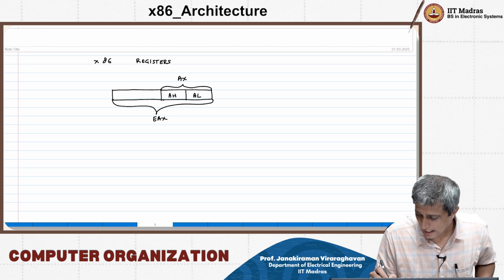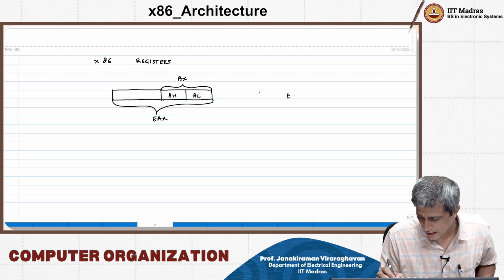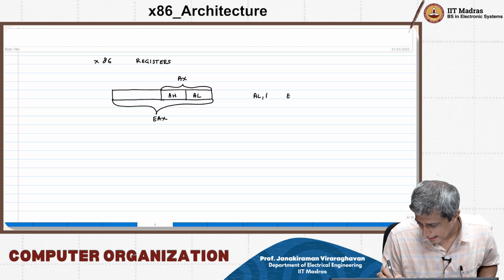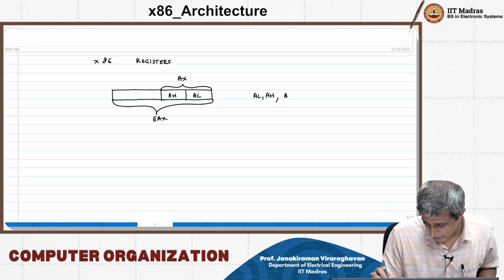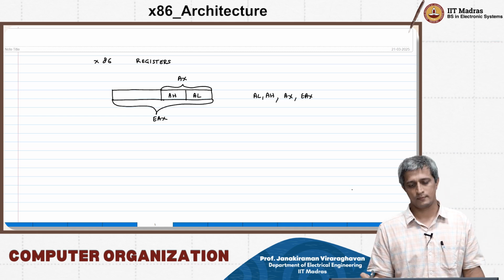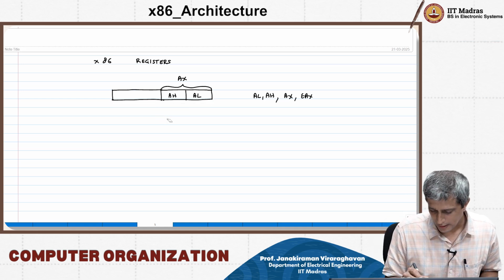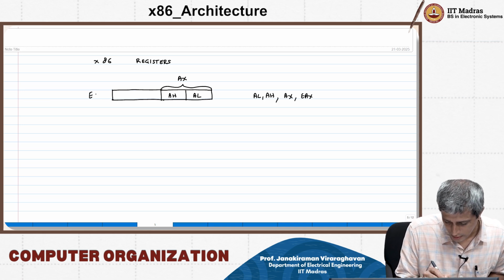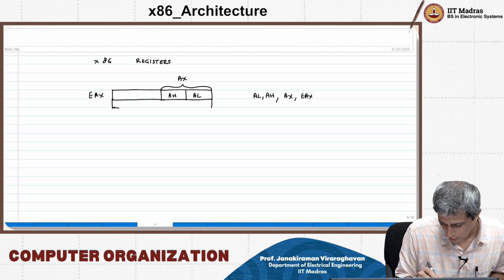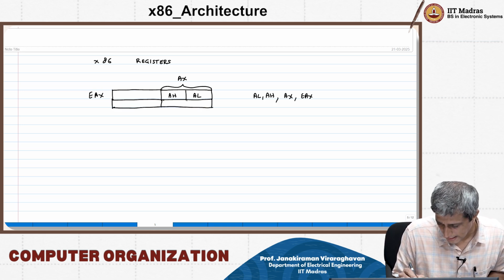So I could address these registers as EAX, AL, AH. I can address the 16 bits together or I can address the 32 bits together. Exactly the same thing would be done for BX.